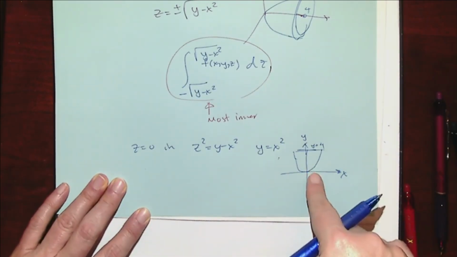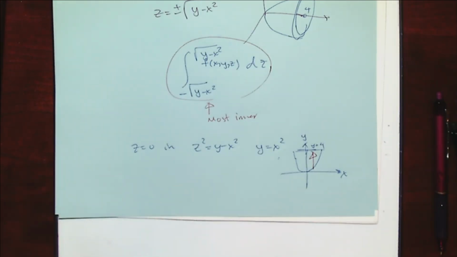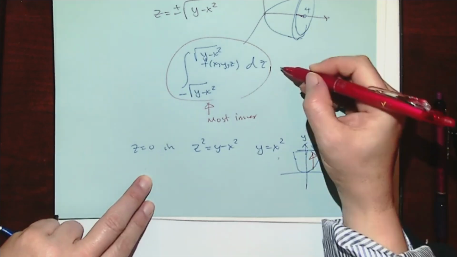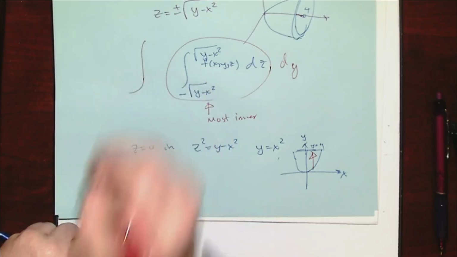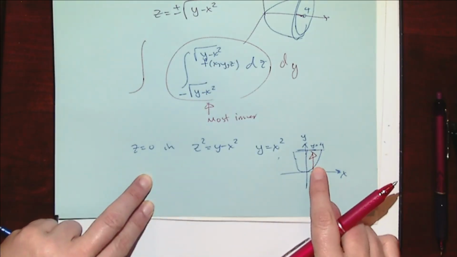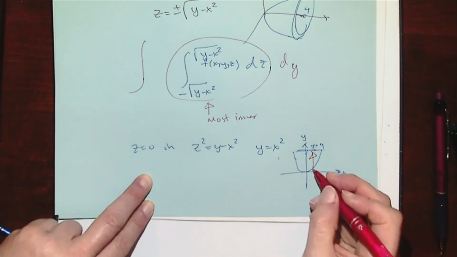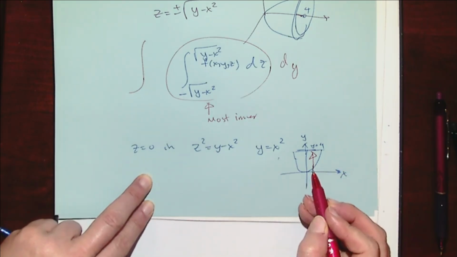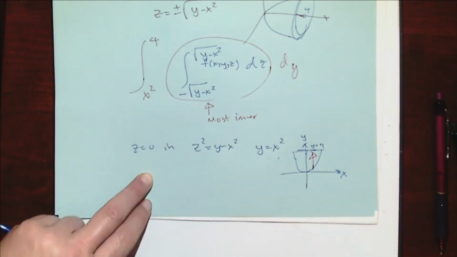Now, the two outer ones. X simple or Y simple, which one's easier? Both of them are okay. Which one is easier? Y simple in this case. So I'm going to set it up as Y simple. Y simple means the inner one is with respect to y. Starts at what, ends at what? It starts at x squared and ends at 4.